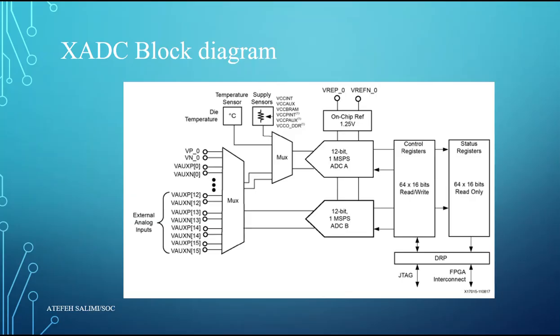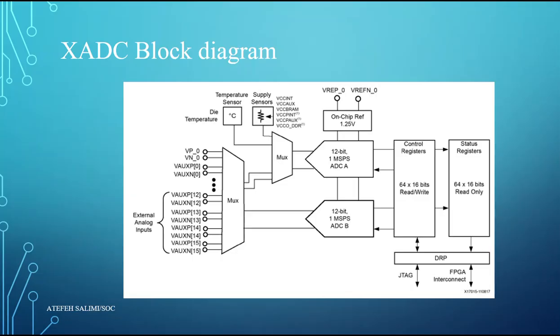The XADC also integrates an internal temperature sensor, and also several on-chip supply voltage sensors such as VCC int, VCC auxiliary, and others for system health monitoring. As you can see in this picture, a built-in 1.25 volt reference ensures accurate and calibrated measurements.